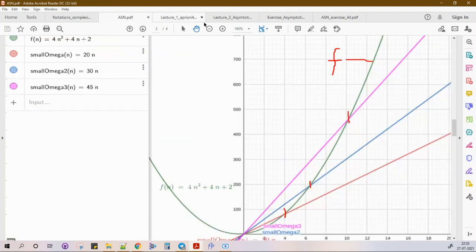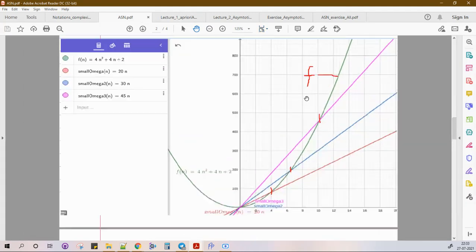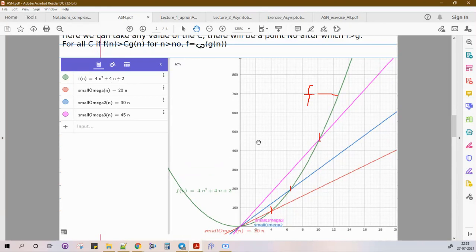So now I am taking the same function again, 4n square plus 4n plus 2. Now if I take G equal to G of n, the function G equal to n, now what happened? Now let's take C. I can take any C, right? 20, 30, 45, any random C. Now what will happen? Just this thing will change actually.